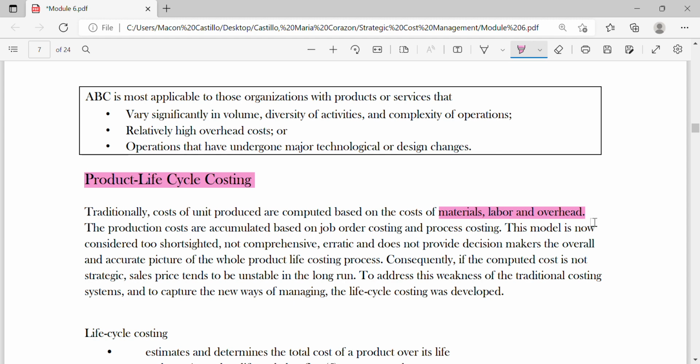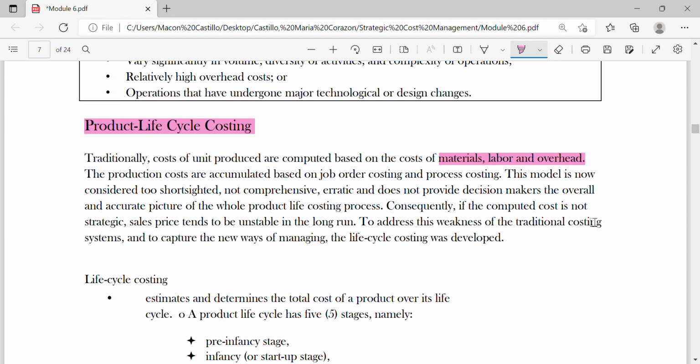It is necessary in setting up the price. You can set the price too high or too low, but it is better for us to have an idea what the cost accumulated related to the product is so that we can set a selling price.